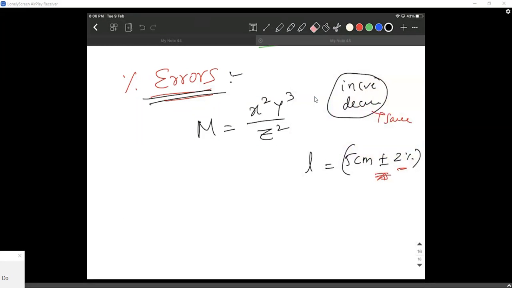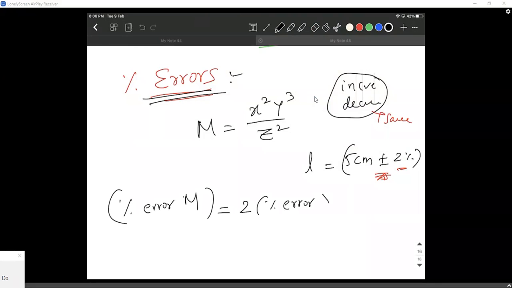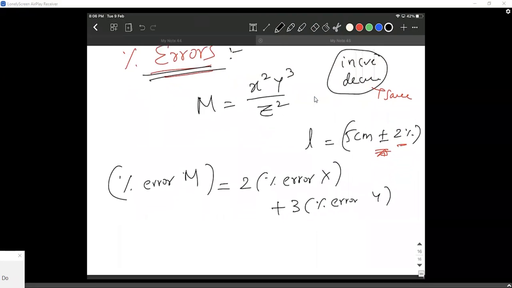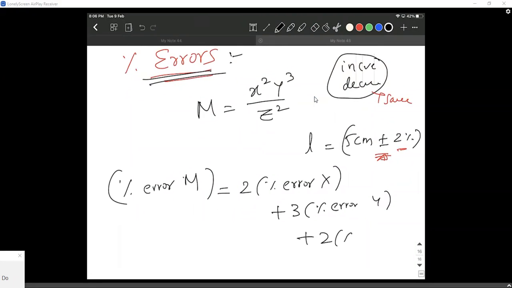When you write percentage error in M, you directly write 2 into percentage error in X plus 3 into percentage error in Y plus 2 into percentage error in Z. This is a plus only, even though it is in the denominator.